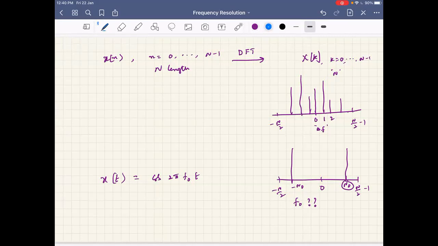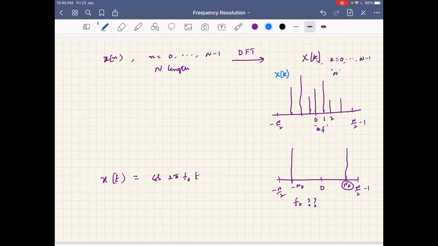So n naught is seen in the DFT. The DFT is only a sequence of numbers in the frequency domain. But which frequencies do those numbers correspond to? The strength of these numbers corresponds to the strength of different frequency components in the signal x of n or x of t.